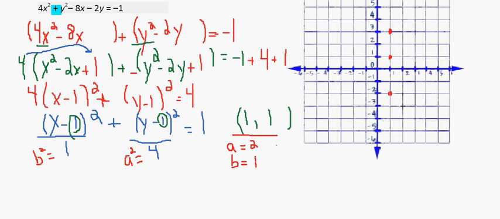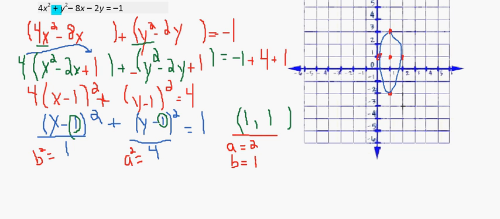And then the b tells me I go out from the center, so you always have to return back to your center, go out 1 unit either direction horizontally. And there you can see now I have my ellipse. So I'll go ahead and graph that, and it looks something like that.